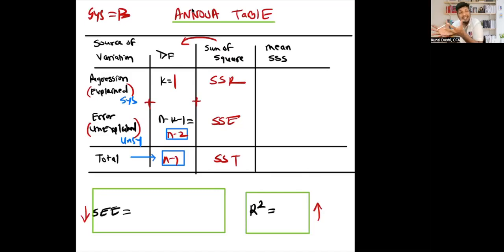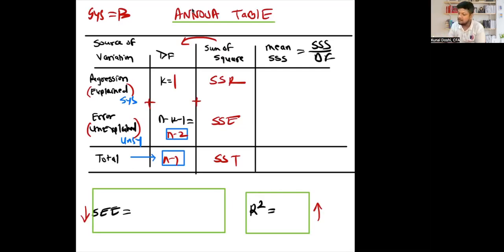From total variance, if I want to calculate the standard deviation, or if I want to do the average, how do I do average? Remember, you did x minus x bar the whole square. You divided it by the degree of freedom. So what is mean sum of square? It is nothing but sum of square divided by degree of freedom.